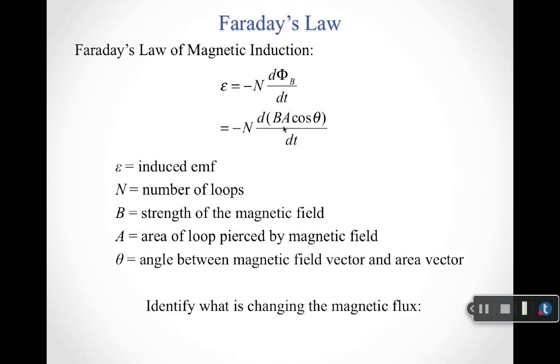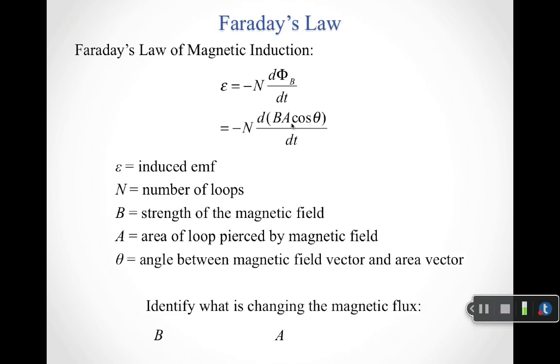So part of working through Faraday's law problems is going to be about identifying what is changing in the magnetic flux. And basically we've got three options. Either you're changing the strength of the magnetic field, or you're changing the area of the loop within the magnetic field.